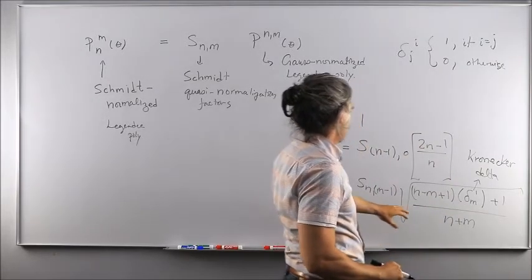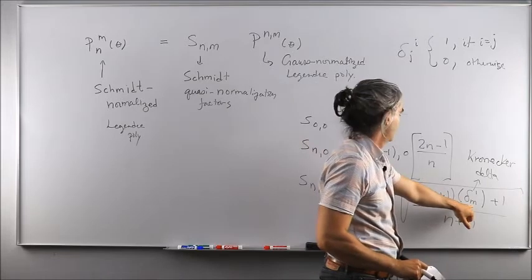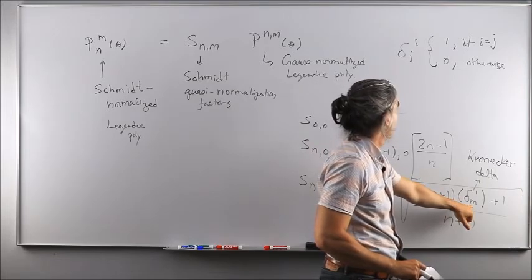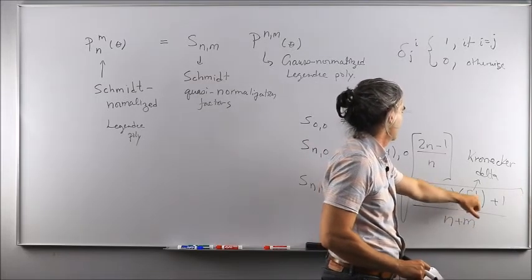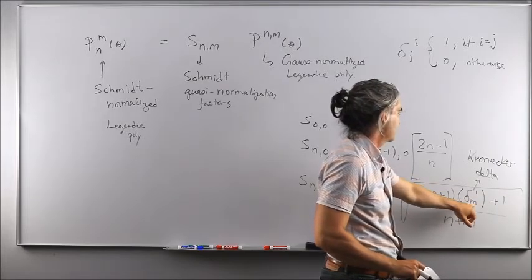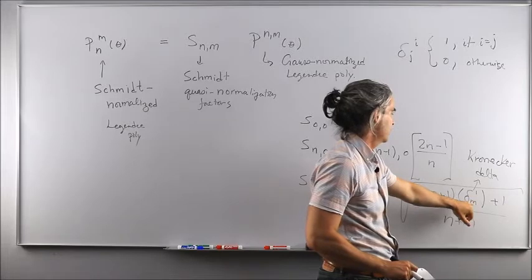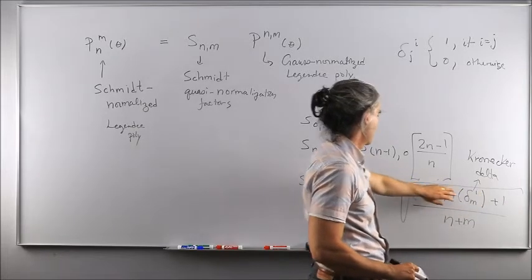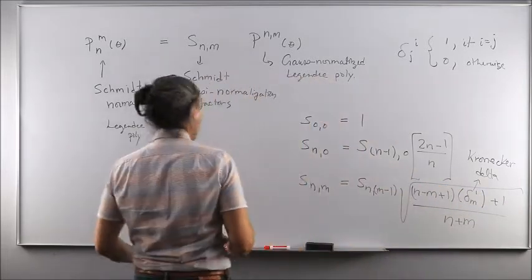So in that sense, whenever m is equal to 1, you're going to get your i equal to j, and that will turn out to be 1. Whenever m is different than 1, then this will be 0 altogether. Okay? Great.